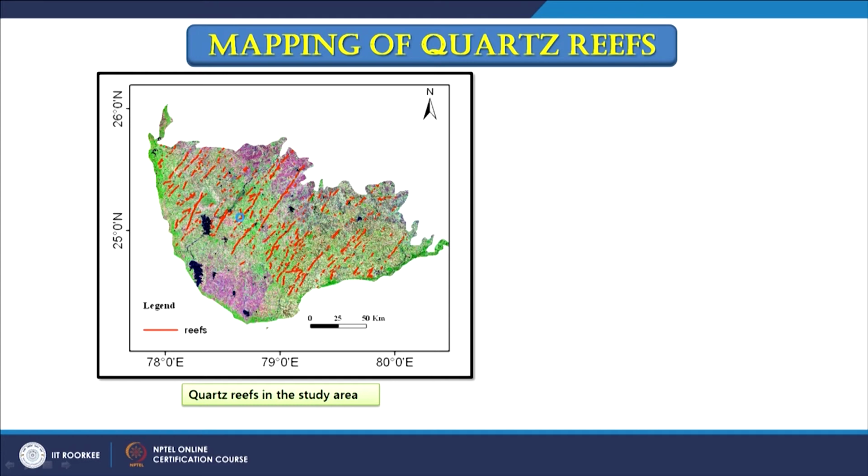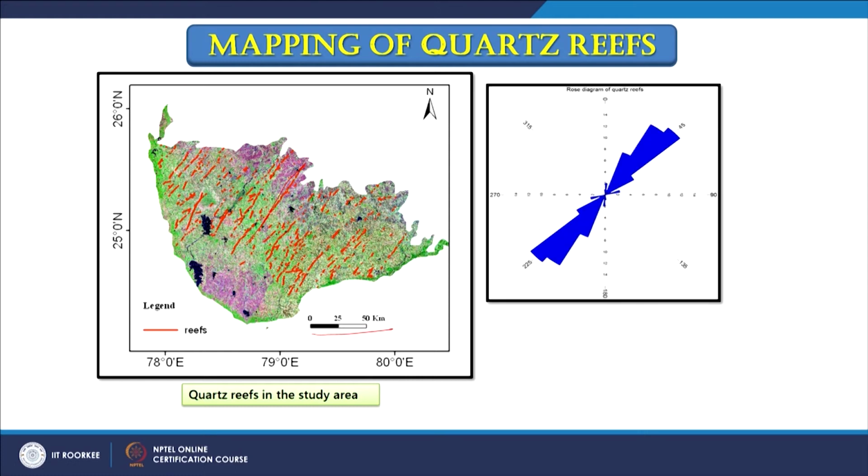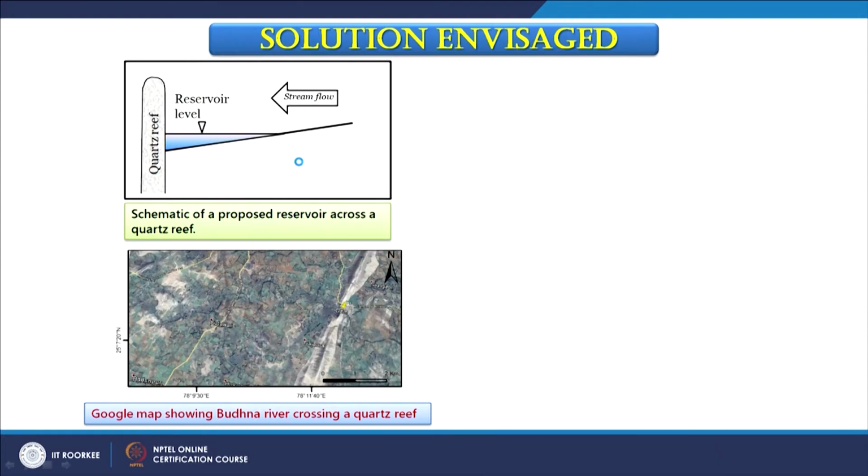Some of them are running for hundreds of kilometers. See the scale here, 50 kilometers. Like this one, roughly it is running for 80-90 kilometers, and this is the general orientation of all these quartz reefs. This is how they look in a zoomed satellite image.